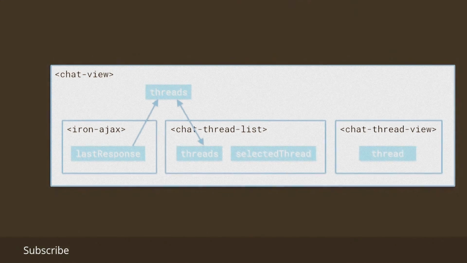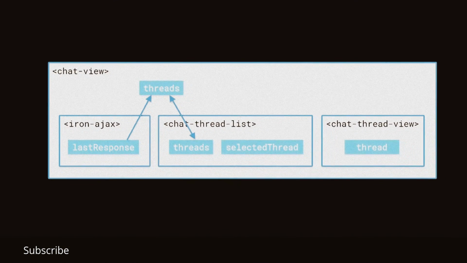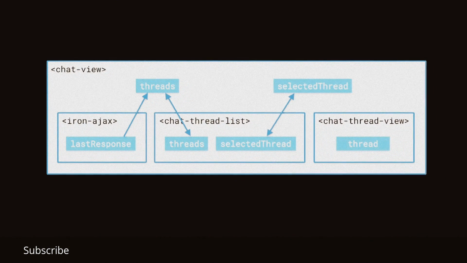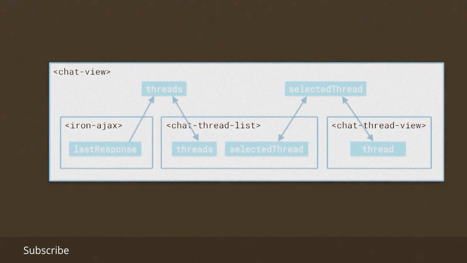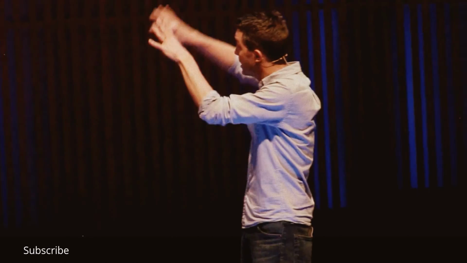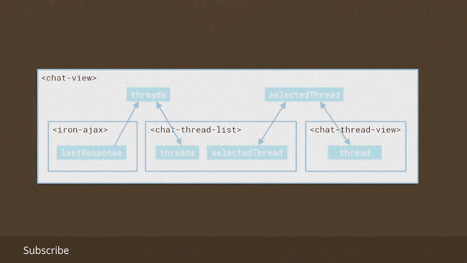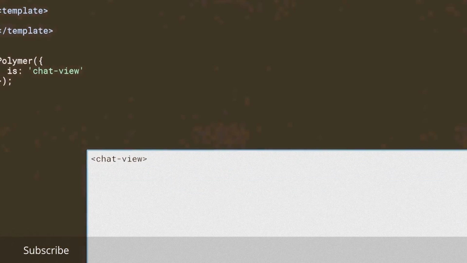The chat thread list is going to be responsible for selecting one of those, so that's going to come back up as a selected thread property on the chat thread list. And then I can bind that back into the thread view. So here it's a very clear pattern that I'm really just composing some things together and then mediating how they hook up in this particular context.